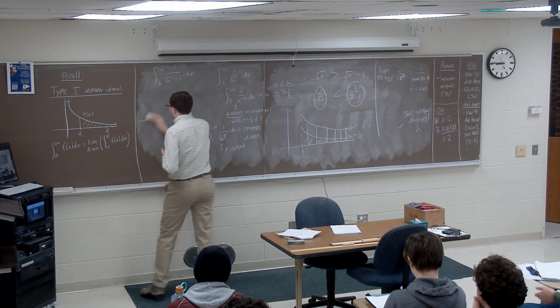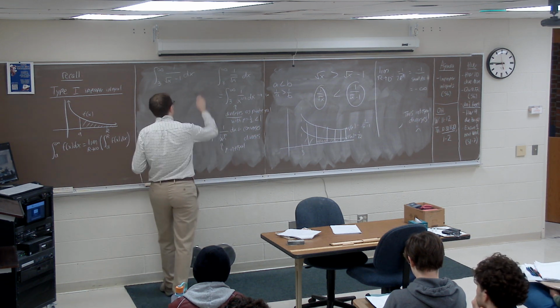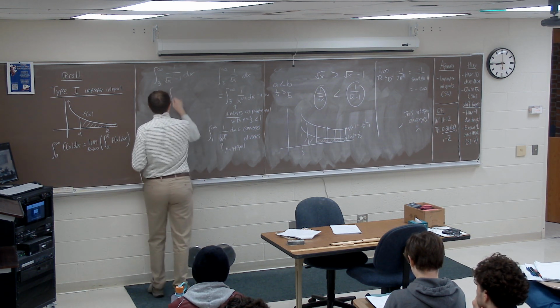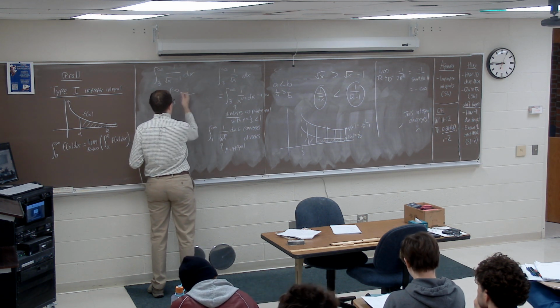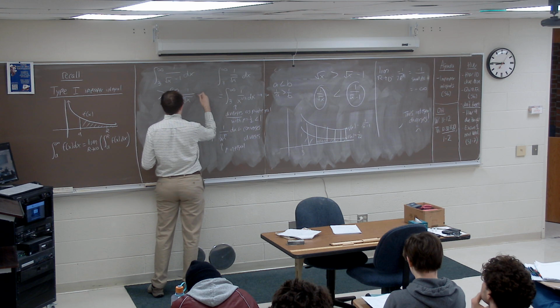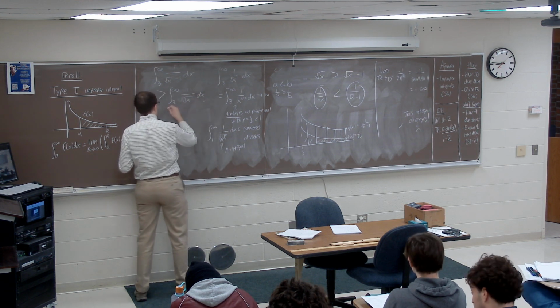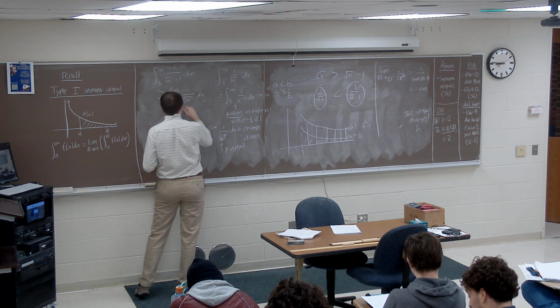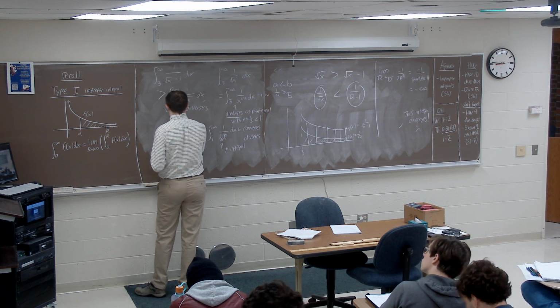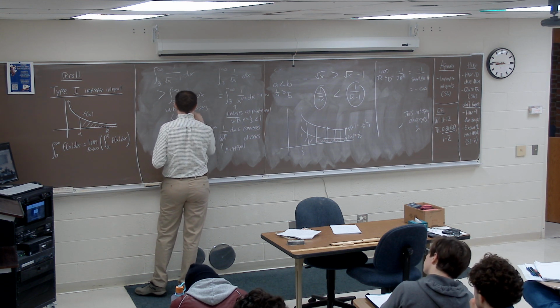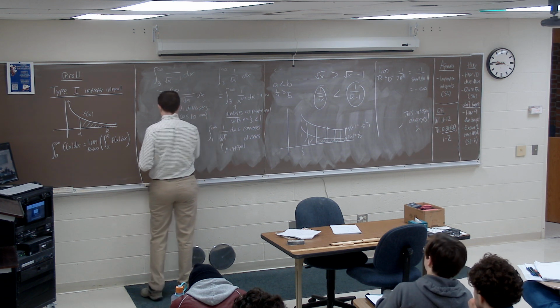So we can say that this integral is going to be greater than the integral from 3 to infinity of 1 over plain old square root of x dx. And we know that that integral diverges. In this case, it goes to positive infinity.